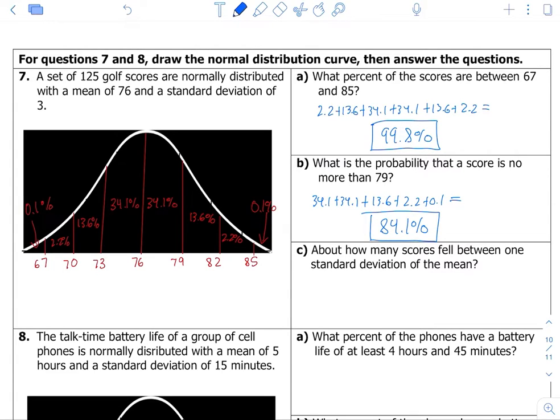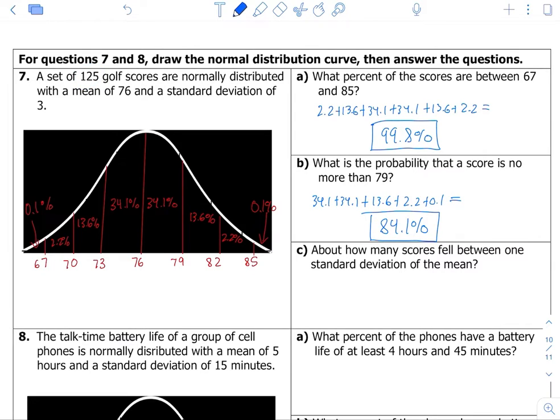Okay, part C, how many scores fell between one standard deviation of the mean? Well, one standard deviation from the mean. Okay, so it's asking how many scores, right? Well, there's a set of 125 golf scores, right?